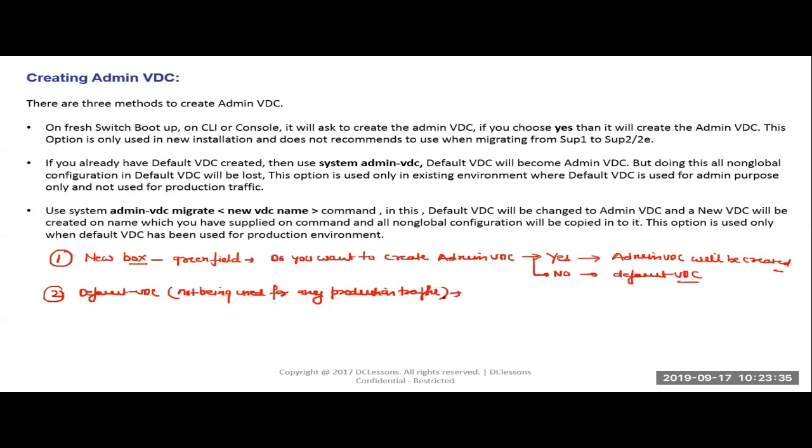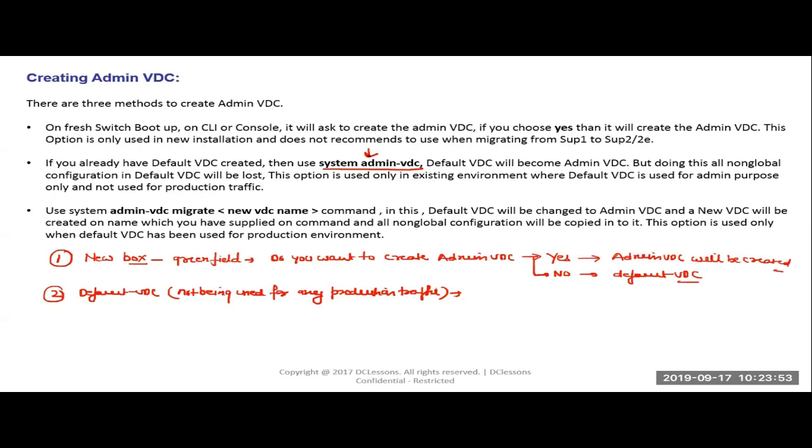In that case, you can replace the default VDC with the admin VDC via the system admin-vdc command. You just go to the default VDC, write this command, and your default VDC will be replaced with the admin VDC.